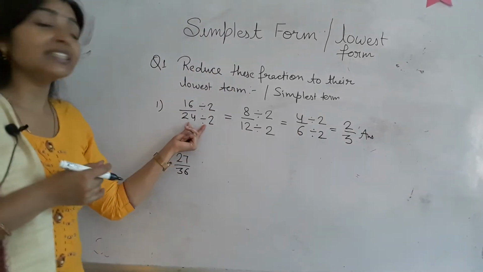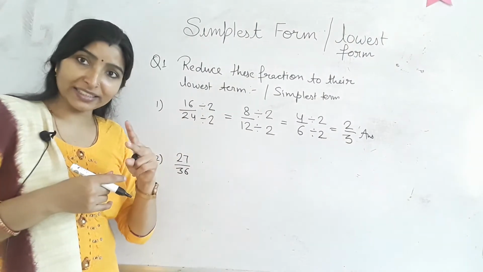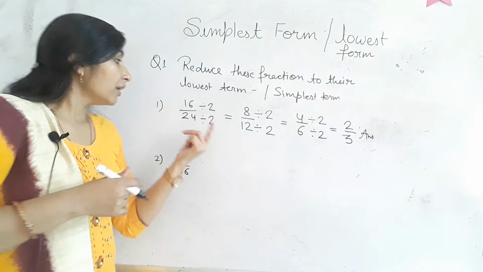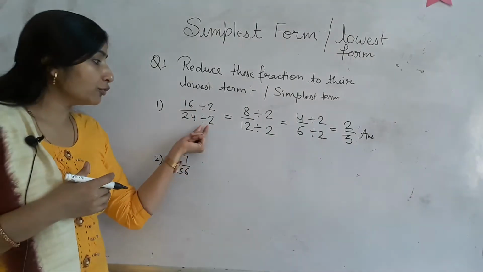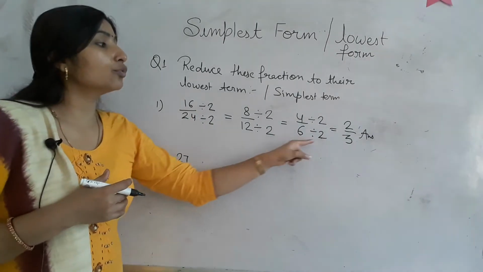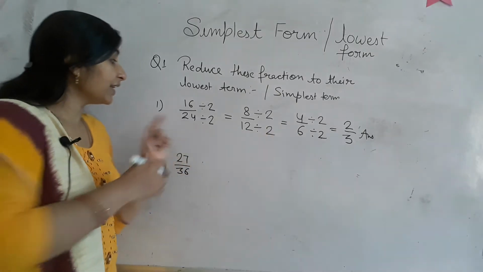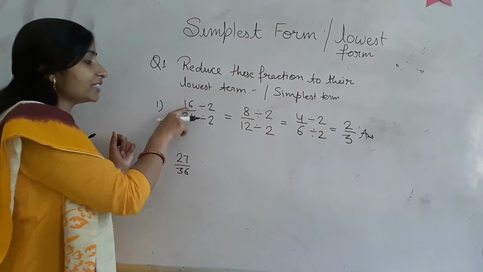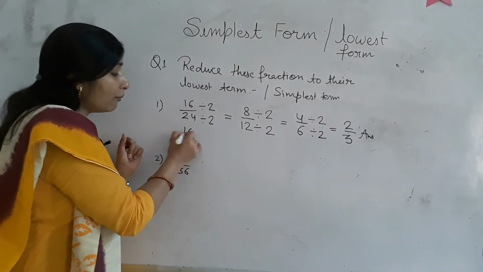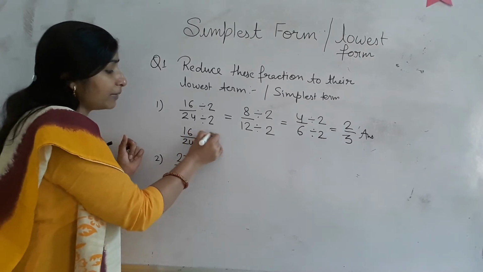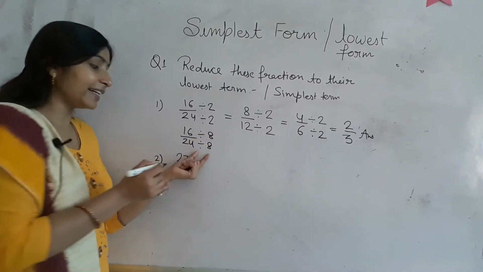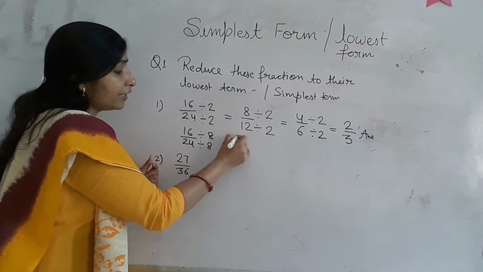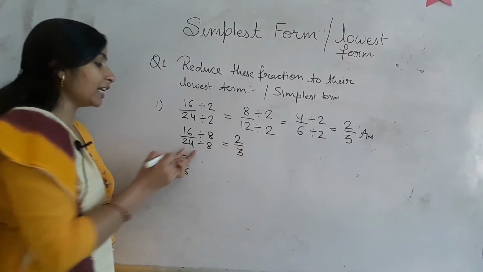You can do the same question in 1 step, in 2 steps, as you choose the table. If you choose a small table, you have to do many steps. And if you will see this, 16 and 24 both come in 8 table. If you divide this number directly by 8, so 8 2s are 16 and 8 3s are 24.